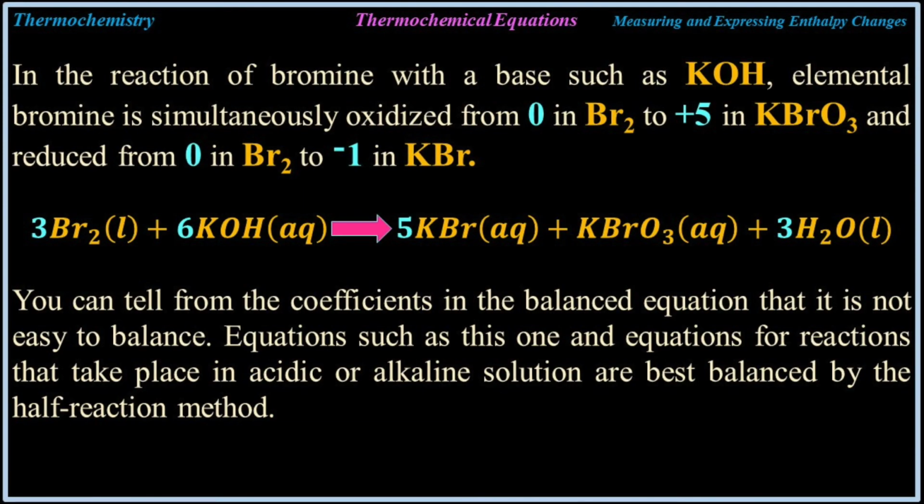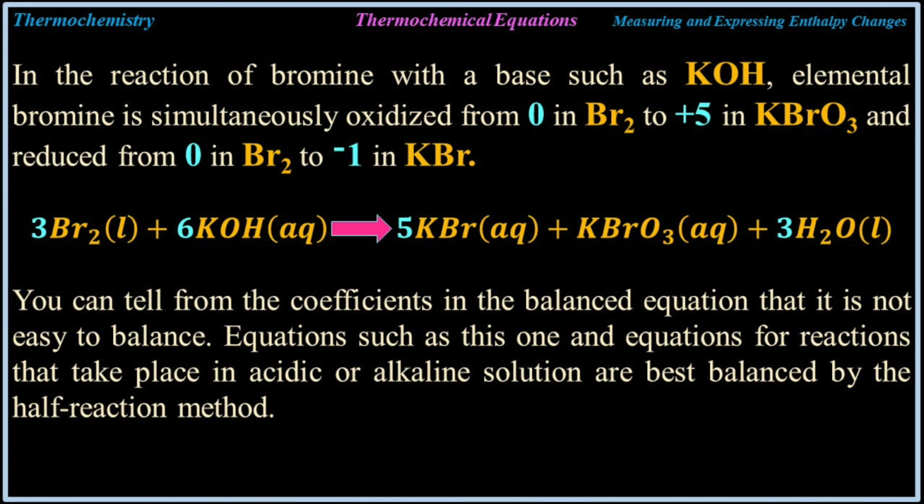In the reaction of bromine with a base such as KOH, elemental bromine is simultaneously oxidized from 0 in bromine to +5 in potassium bromate and reduced from 0 in bromine to -1 in potassium bromide. So the reaction is listed here.